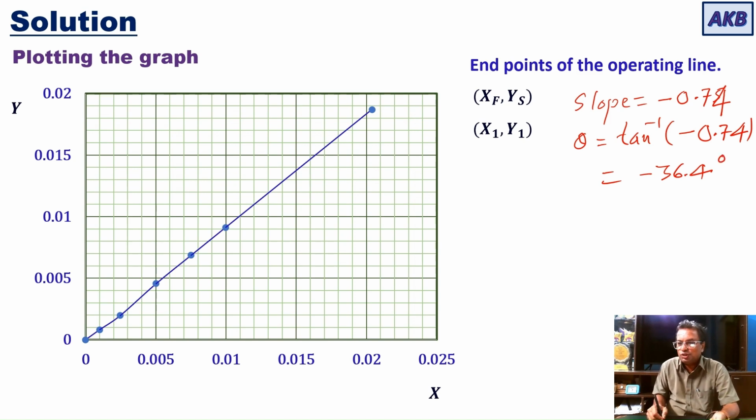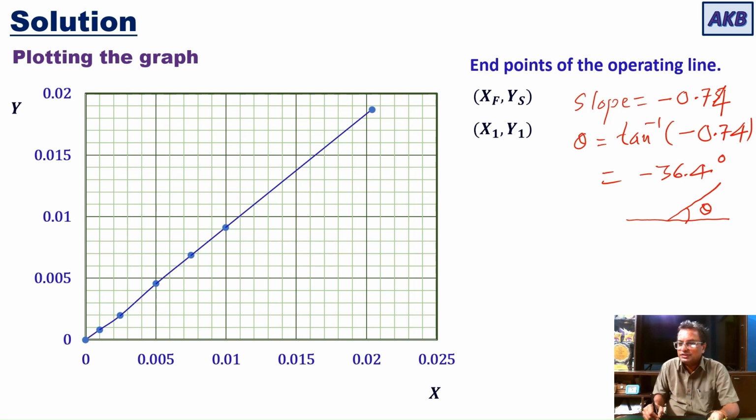Okay, so we need to plot a line with this slope, which makes an angle of minus 36.4 with the horizontal. Since this line is of negative slope, this angle is theta.